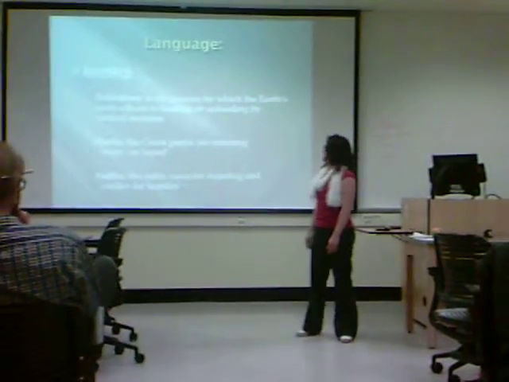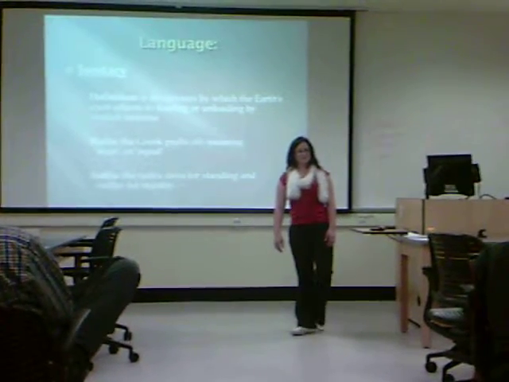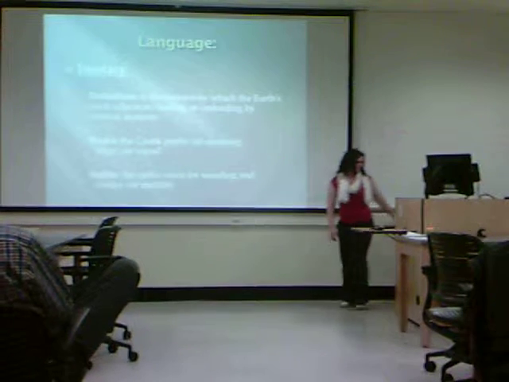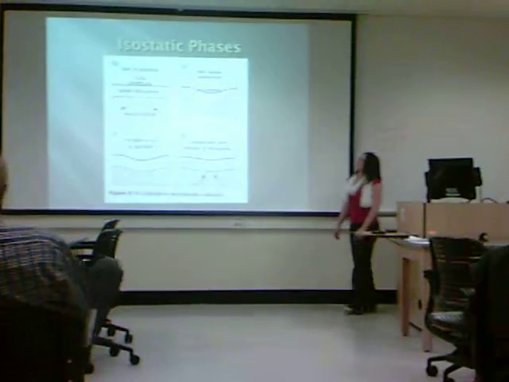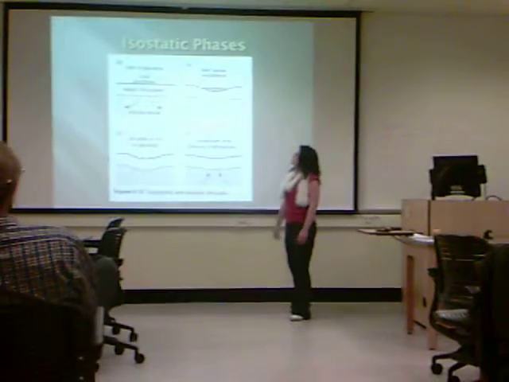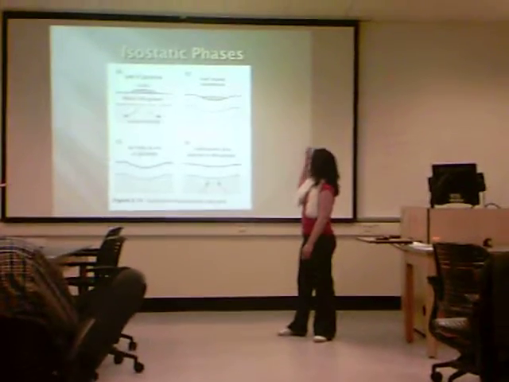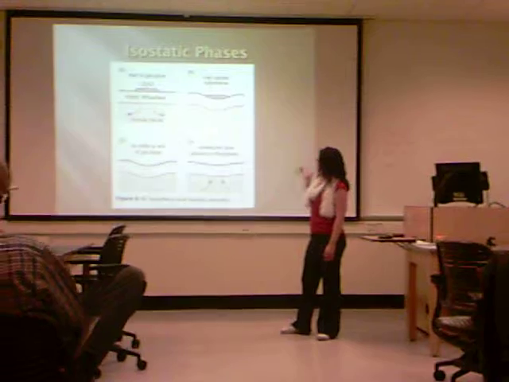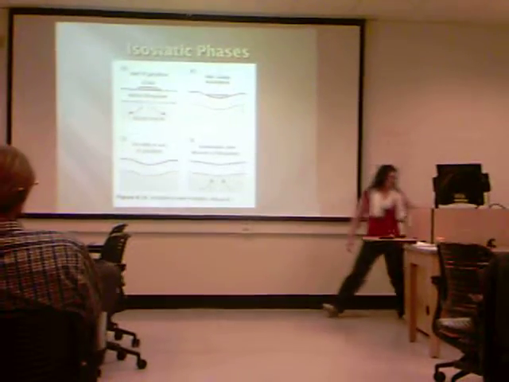So understanding iso, what would you think about that triangle? Okay, and then the isostatic phases, an example is glaciation, when you have a load on top of the crust, and that load causes subsidence, and then when it melts, it slowly starts to rebound and it goes back into isostatic equilibrium.